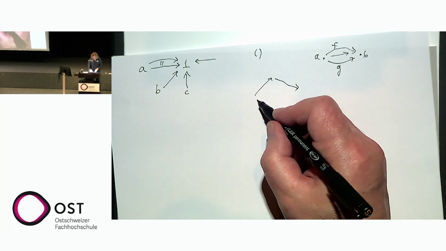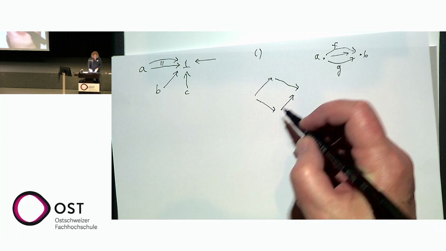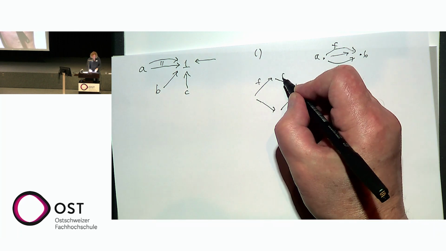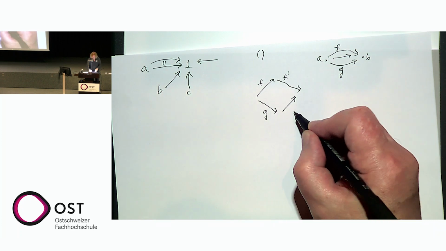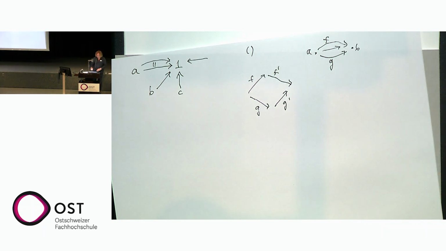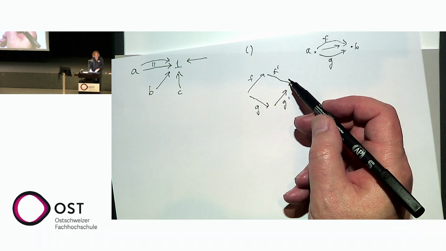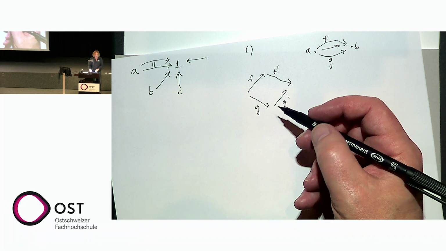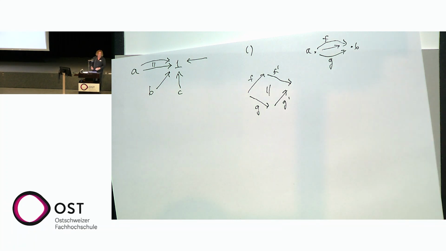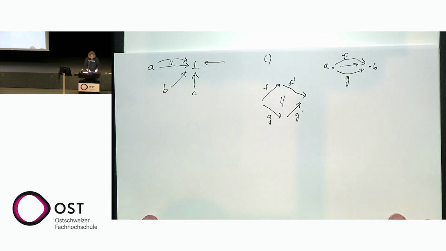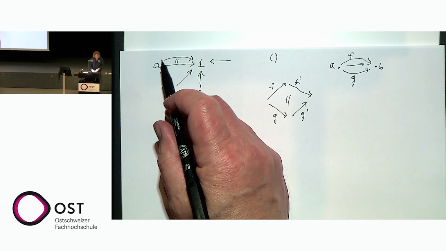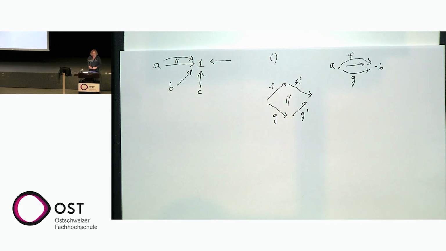But there's another way of composing two different arrows, F prime, G, and G prime. I get two different paths, and I can say I demand that these two paths give me the same result. So we say equality of arrows. In this case, we are saying if there are multiple paths from A to 1, they are all equal, and we say there is a unique path.